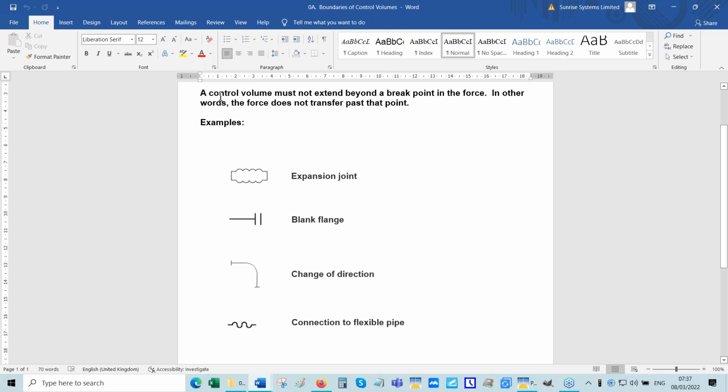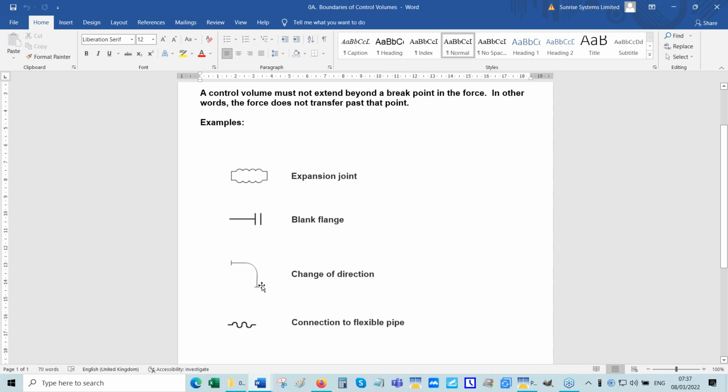Why? Because the force doesn't transfer past this point. For example, if you have an expansion joint with no tie rods, then the forces cannot go past it. If you have a blank flange, there is no way the force is going to go past the flange, because that's the end of your system.